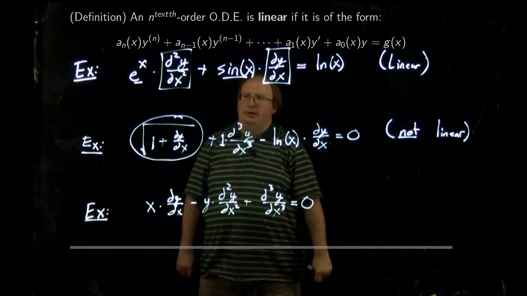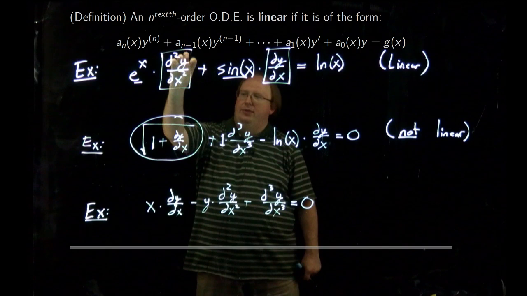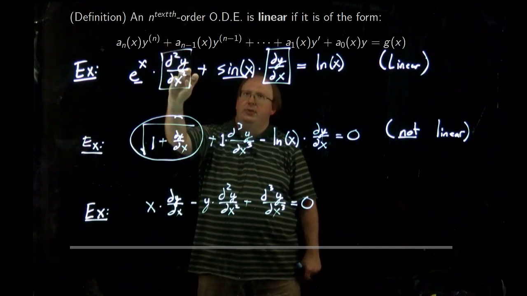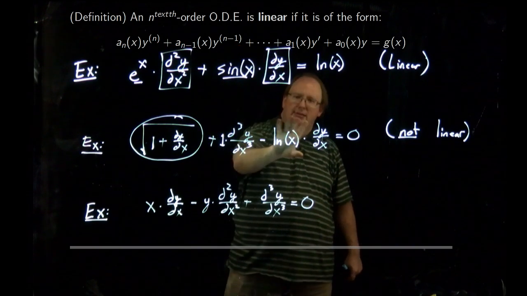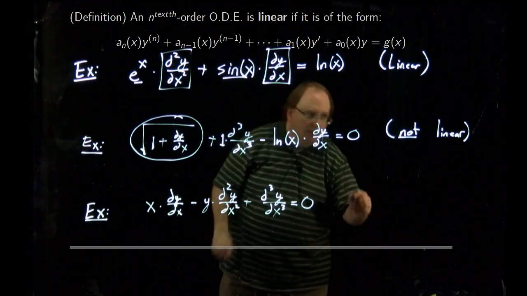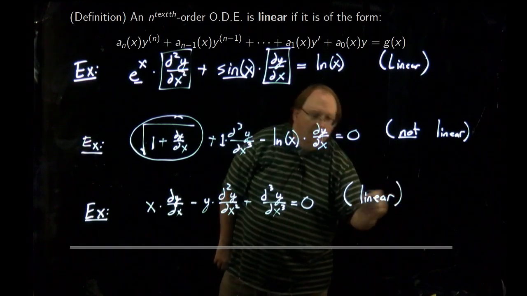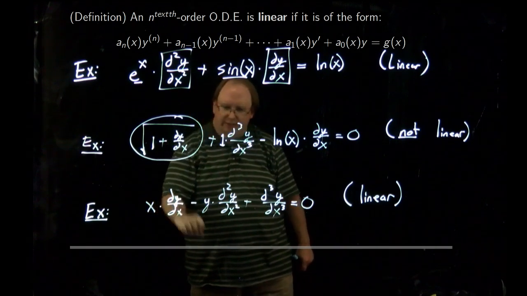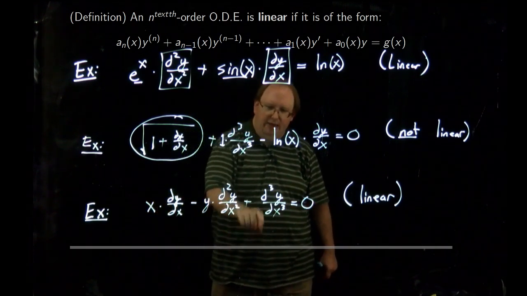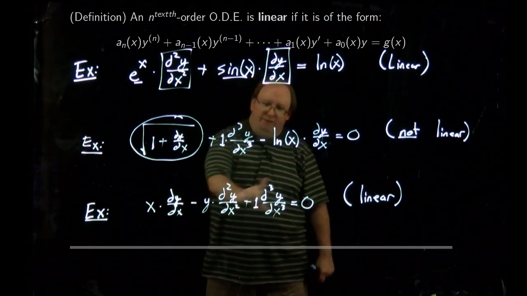That is in fact linear. So as long as you just have a function and then you have the second, third, or nth derivative on each piece, then that's good and linear. Like this term here, I had a function times dy over dx, a function times the second derivative, and again, if there's nothing there, then you'll have that 1 there as your function in front of the third derivative.